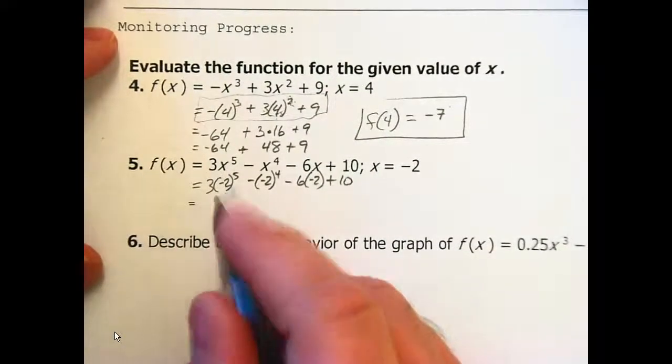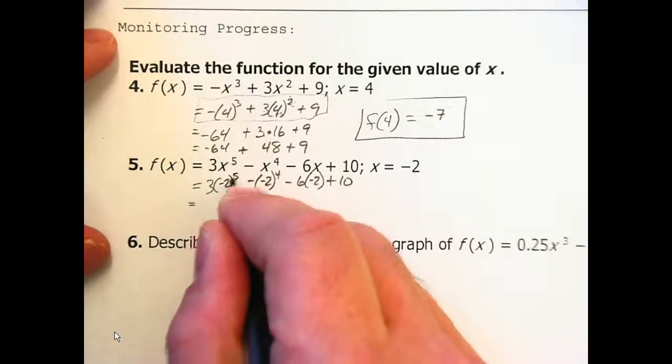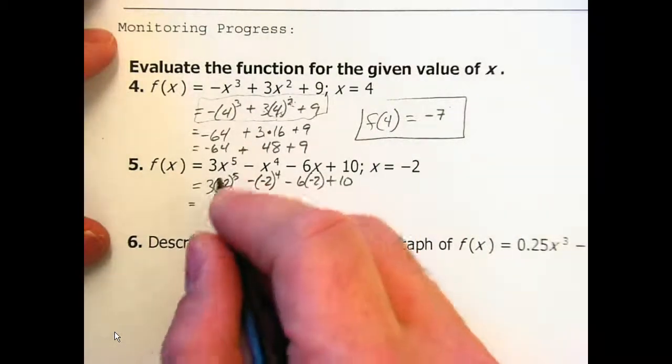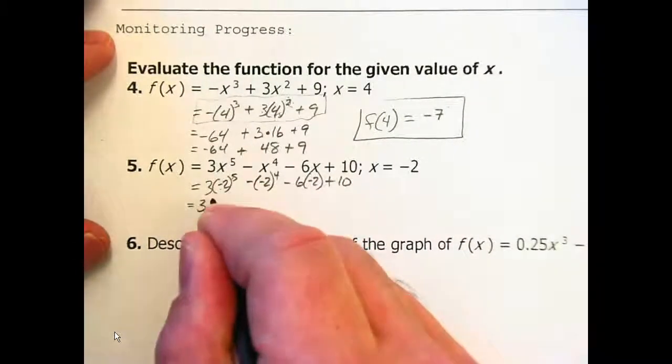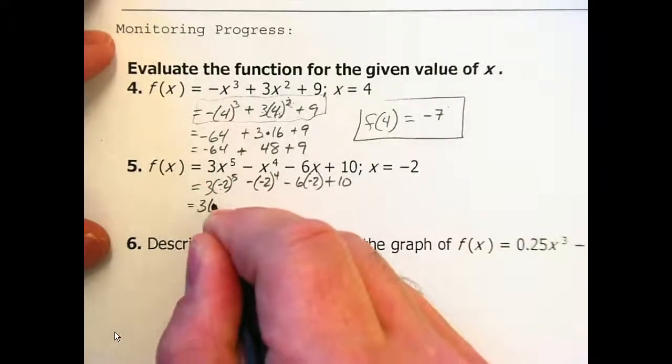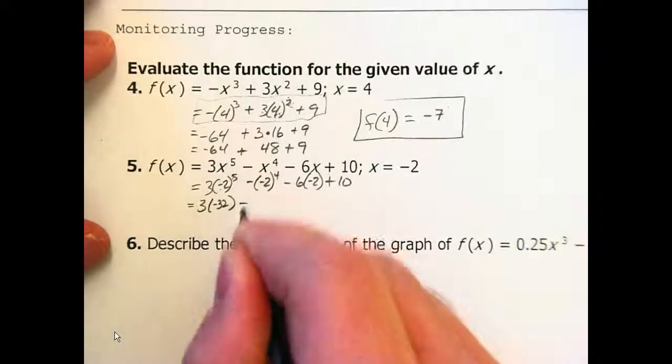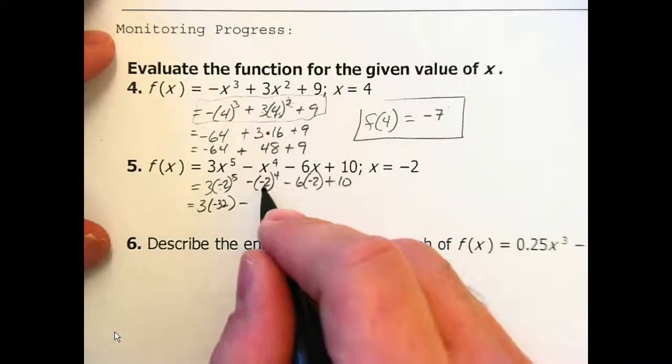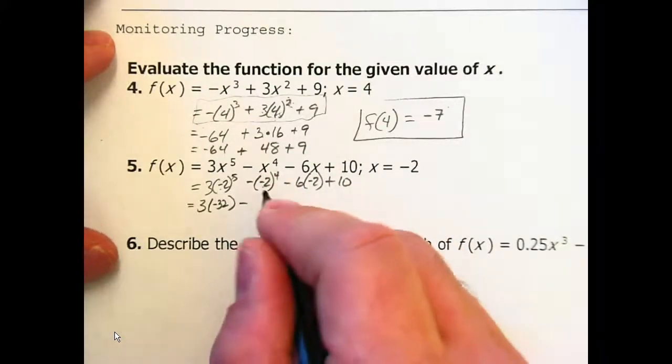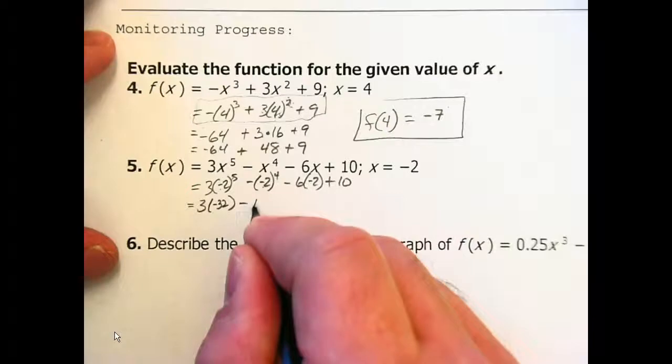Okay, -2 to the 5th is, anytime you raise a negative to an odd power, you get a negative. So that is -32. And then a negative to an even power is a positive. In that case, it gives you 16.